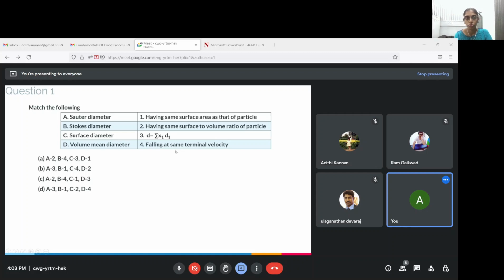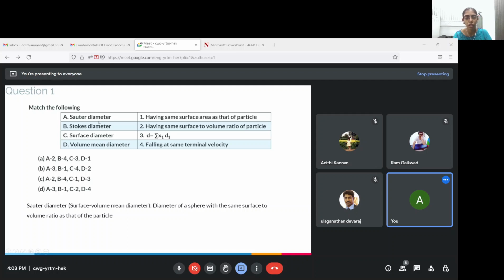So the first, sorter diameter. When you're doing a size reduction process, your food particles may not be of a regular shape. It won't be spherical, but a very irregular shape. So determining the diameter of an irregular shape becomes very difficult. What we do instead is measure certain kinds of diameters of an equivalent sphere.